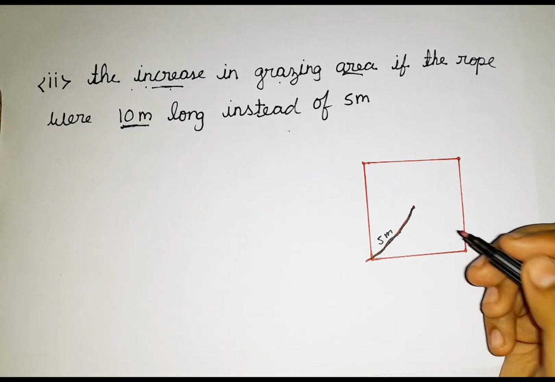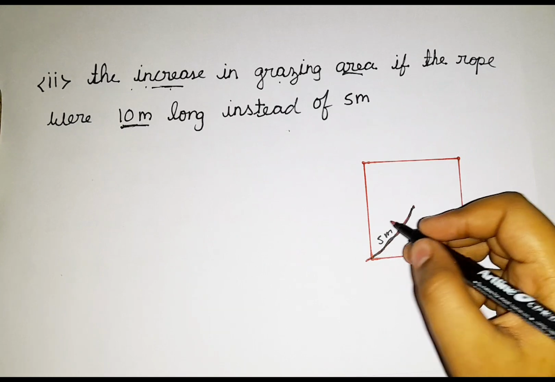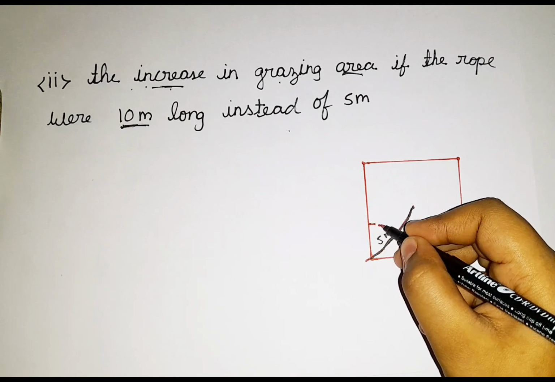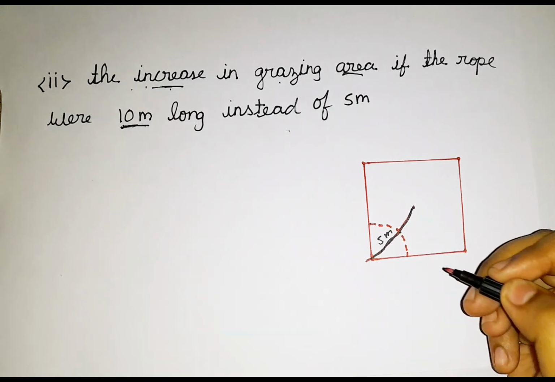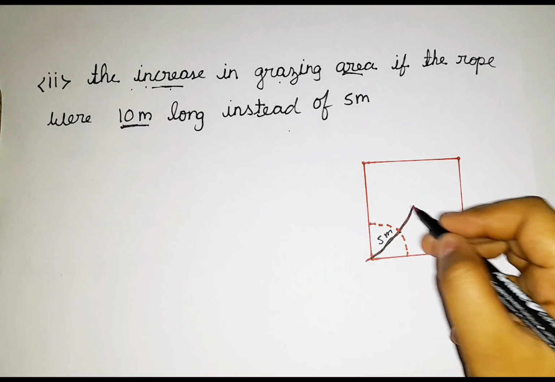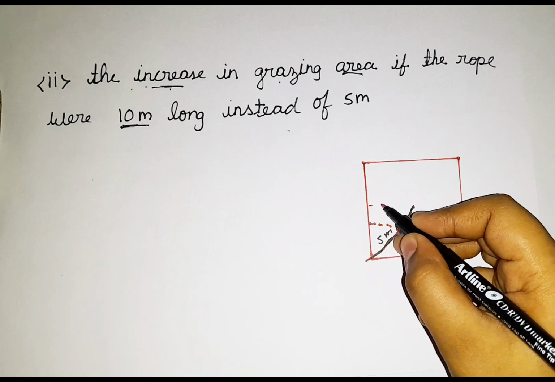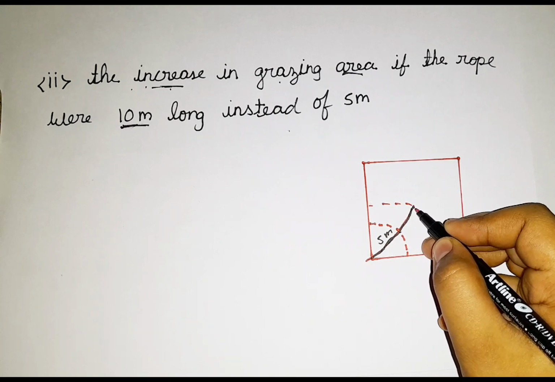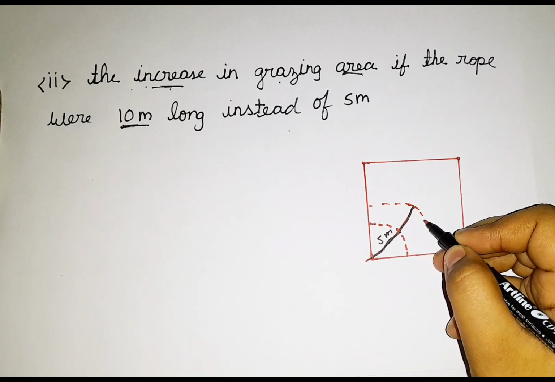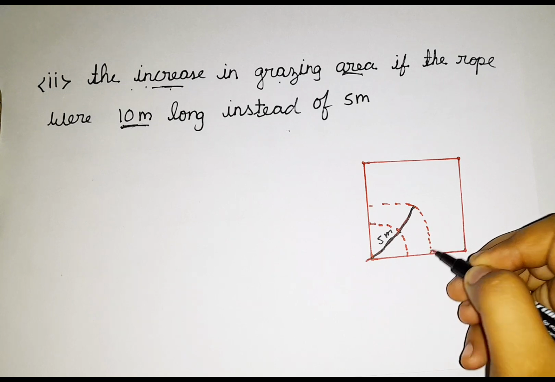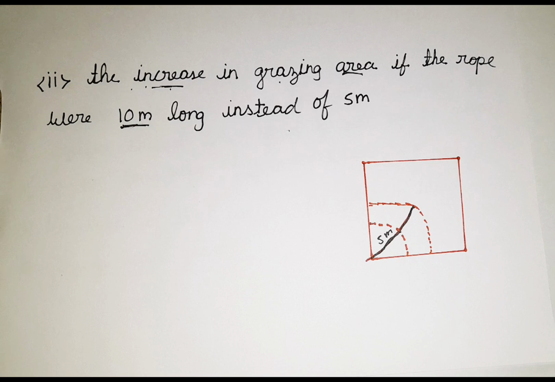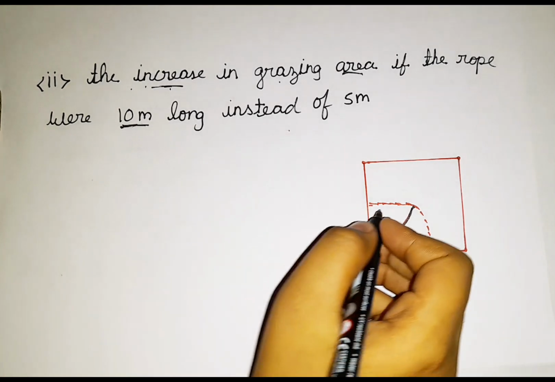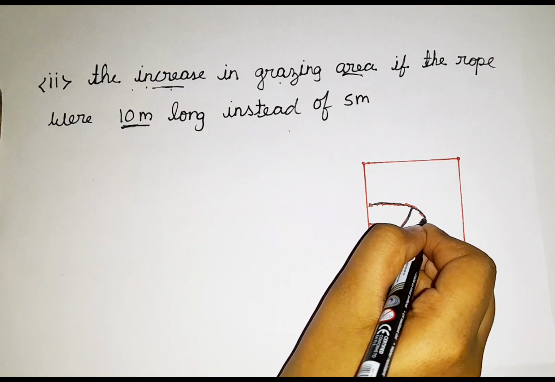When it was 5 meter, I told you we had a sector, am I right? It formed a sector like this. Now since it is 10 meter long, it will form a sector here also. I am just doing the rough thing.